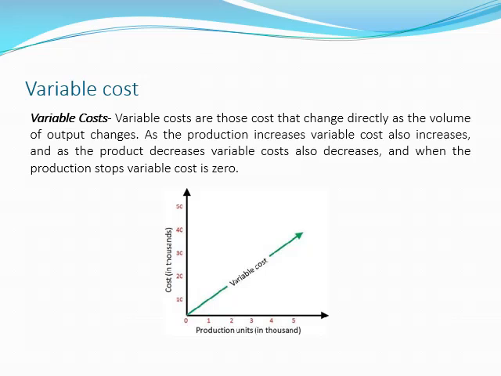So here the relation between variable cost and production is direct, and as the production decreases, variable cost also decreases, and when the production stops, variable cost also will stop.